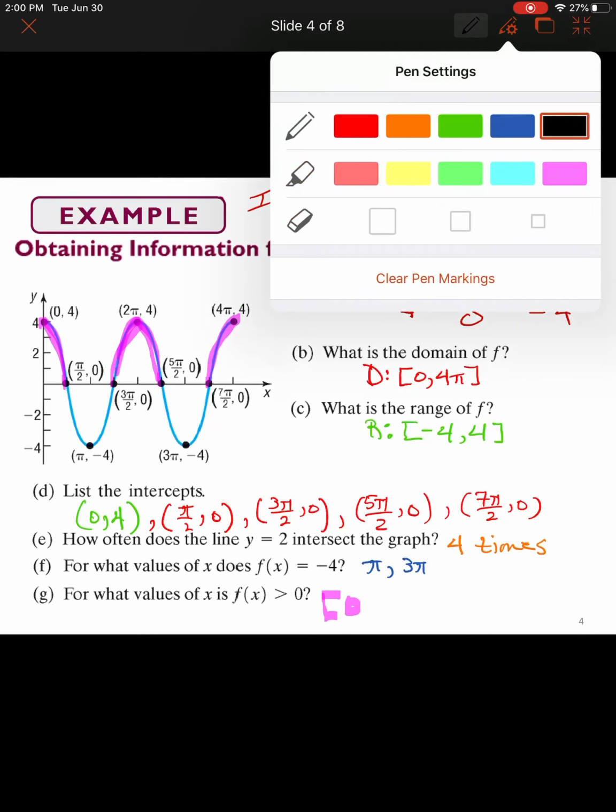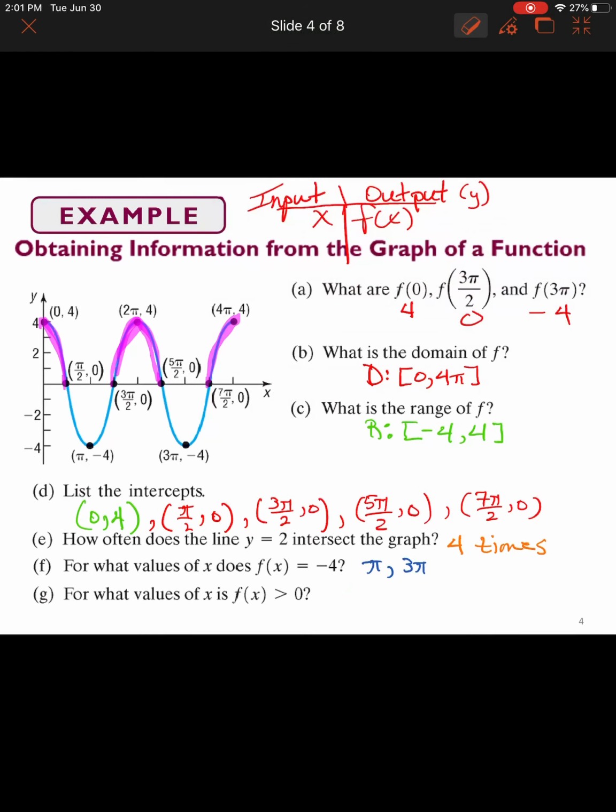I'll write it in black. So we're going from 0 to pi over 2. And I'm going to put a parenthesis because at pi over 2, the output is 0 and we want everything greater than 0. Then I'm going to put union.